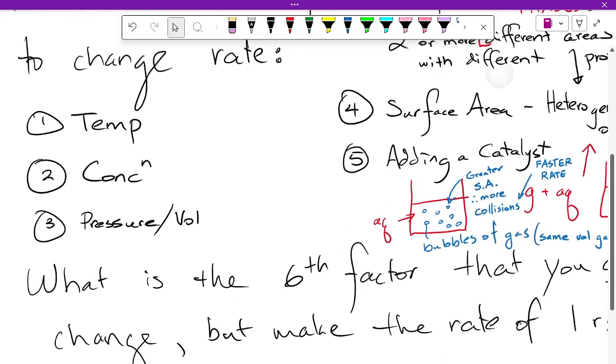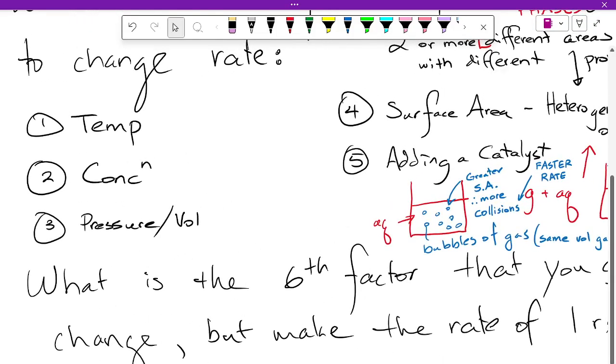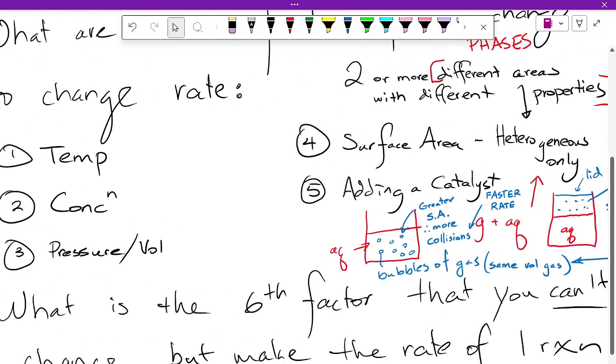All right. Which of these 5 things affects both the frequency of collisions and the percent of collisions which are successful? Temperature. Temperature affects both.